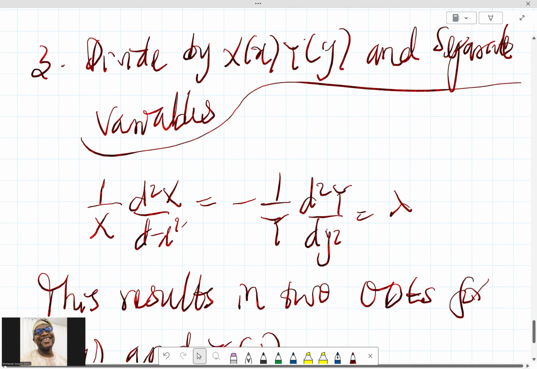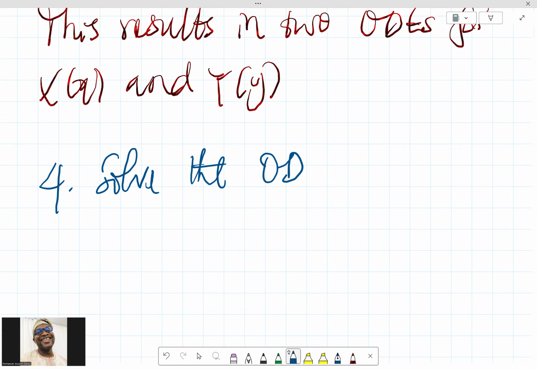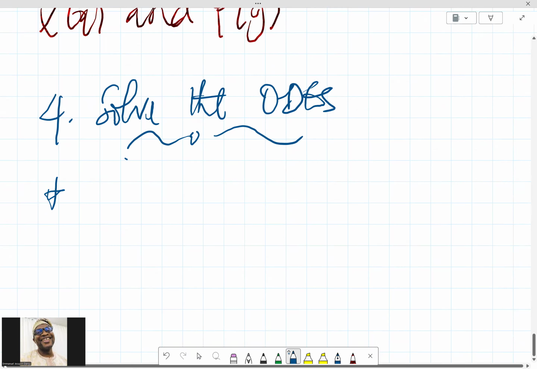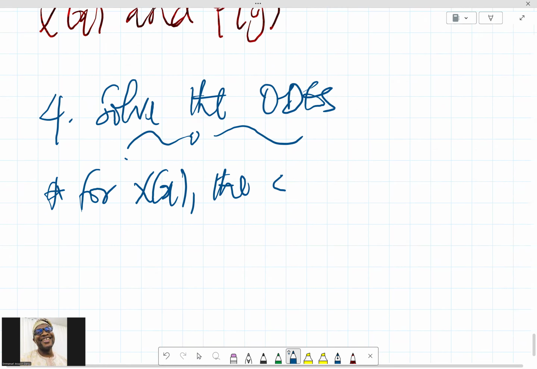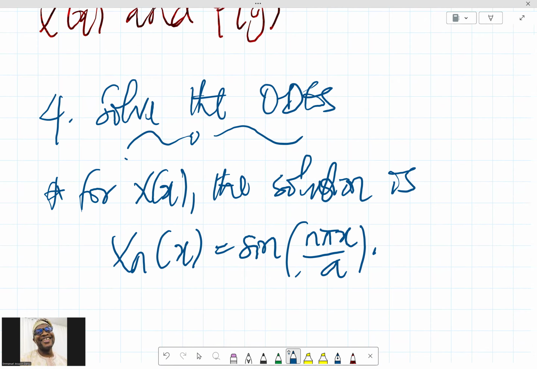So in that case, we solve the ODEs. Number 4, solve the ODEs. We know that for X of x, the solution is X_n of x equals sine n pi x over a.